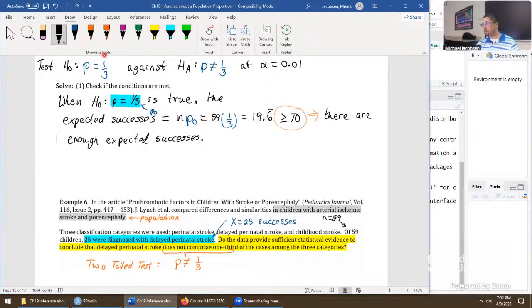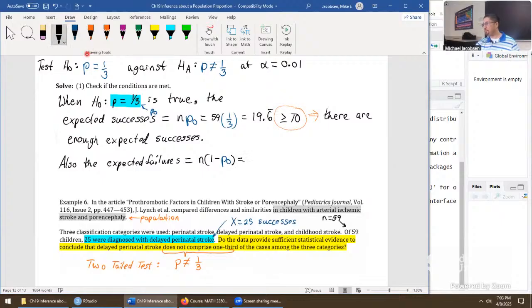So here's the next part. Also, the expected failures is going to be equal to, I've always questioned this formula because it looks weird to me. It works, but it's n times 1 minus p naught.